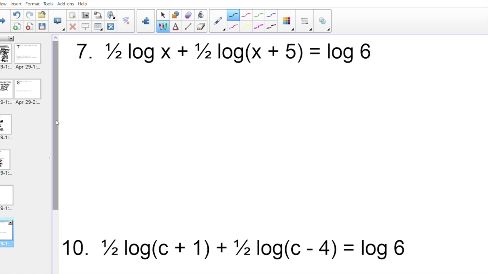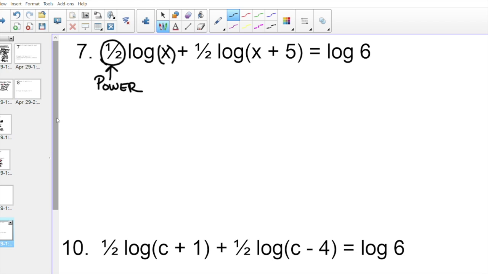The next one is number 7. Now, we're going back to what we did earlier. For instance, what I'm trying to say to you, this 1/2 is the power of what follows the word log.